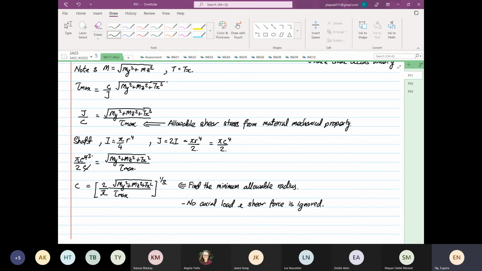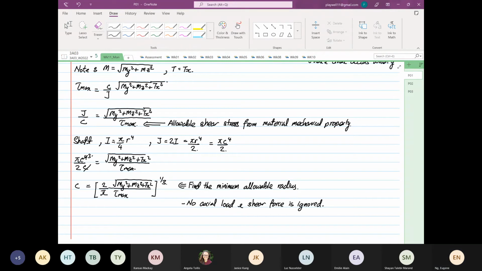To be frank, this is the easy part. I'll tell you, this is the easy part. Where it gets complicated is how to determine My, Mz, and torque.